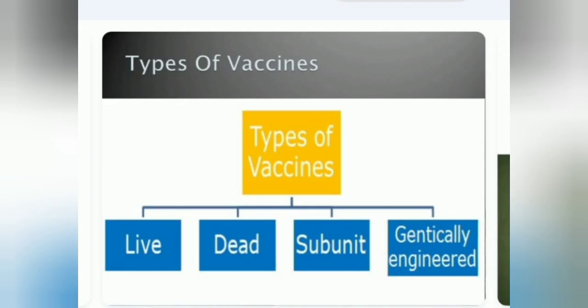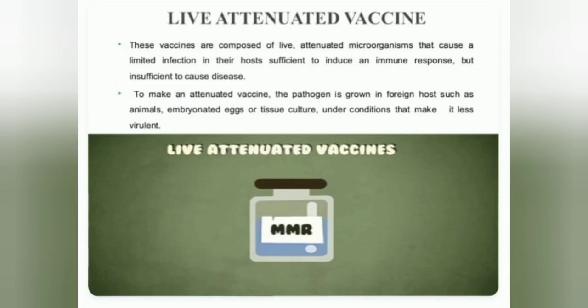Types of vaccine. There are 4 types of vaccine: live vaccine, dead vaccine, subunit vaccine, and genetically engineered vaccine. What is a live vaccine? These vaccines are composed of live, attenuated microorganisms that cause a limited infection in their host, sufficient to induce an immune response but insufficient to cause disease.